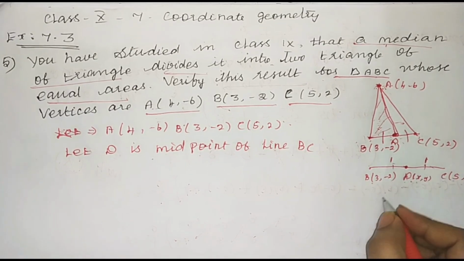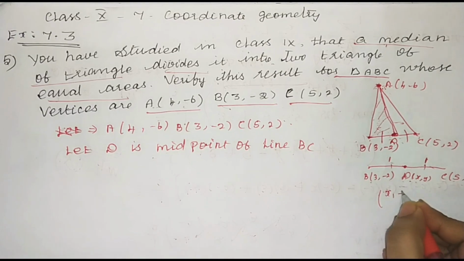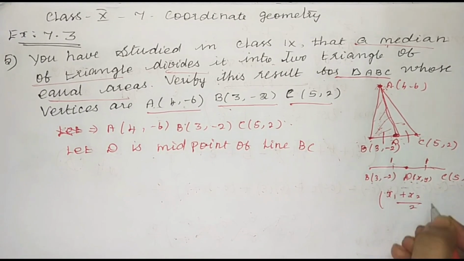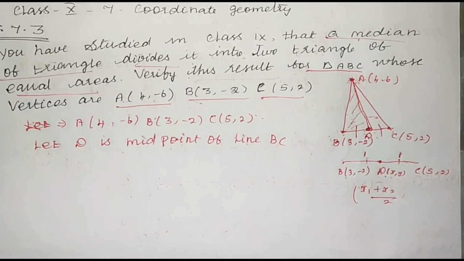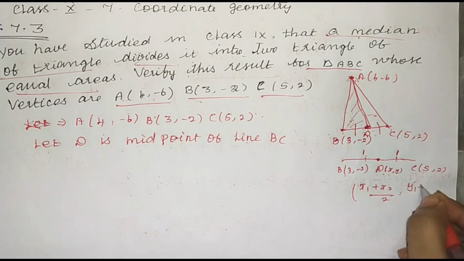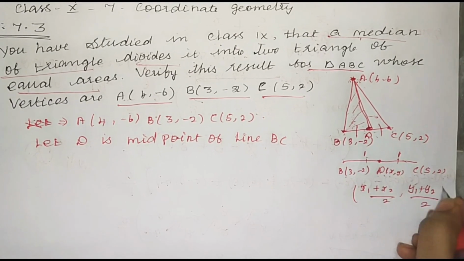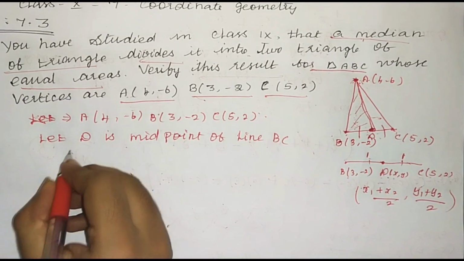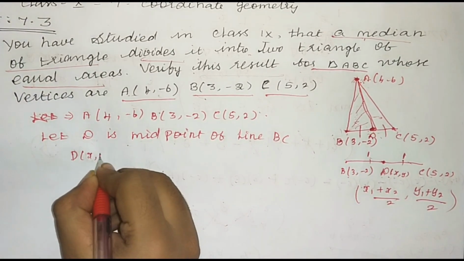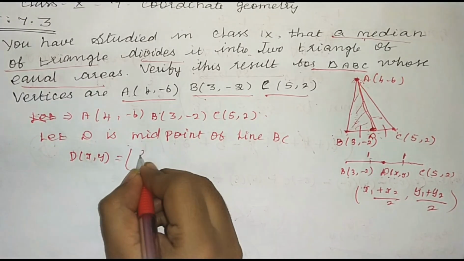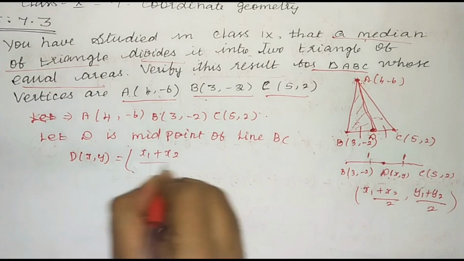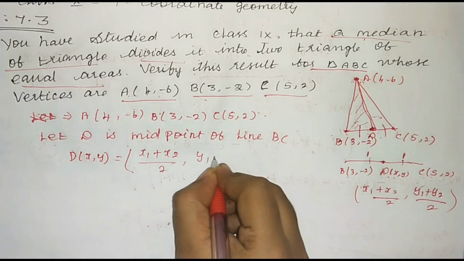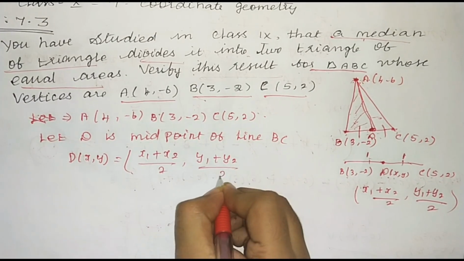You already know the midpoint formula: x1 plus x2 divided by 2 comma y1 plus y2 divided by 2. Using this formula we can find the coordinates of D. So D of x comma y equals x1 plus x2 divided by 2 comma y1 plus y2 divided by 2.